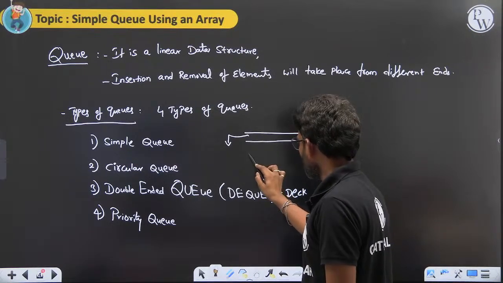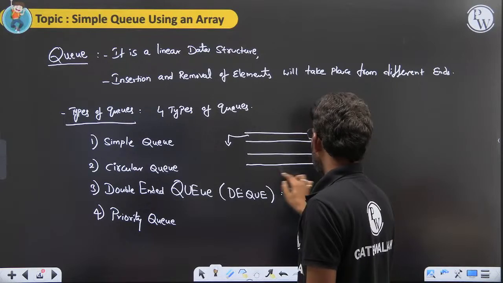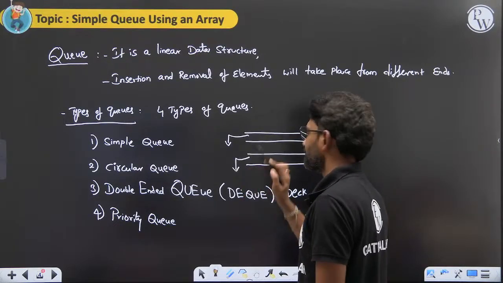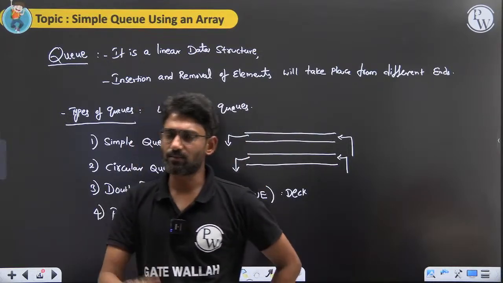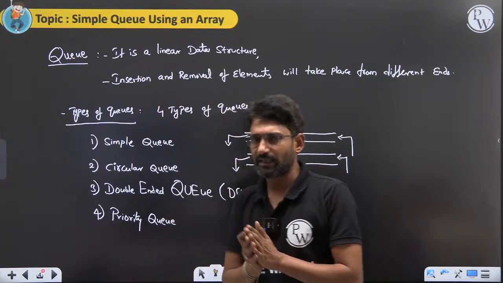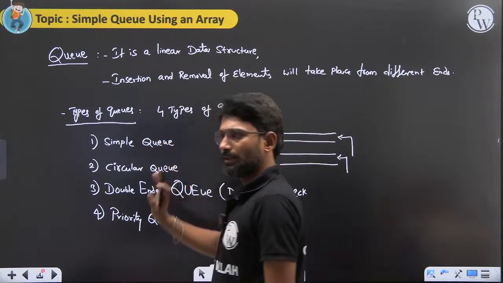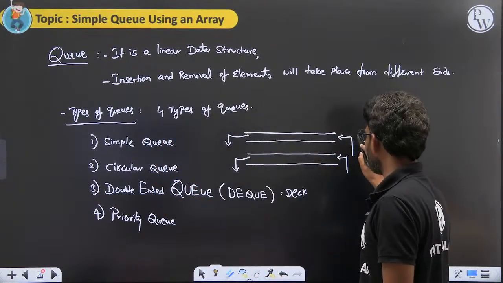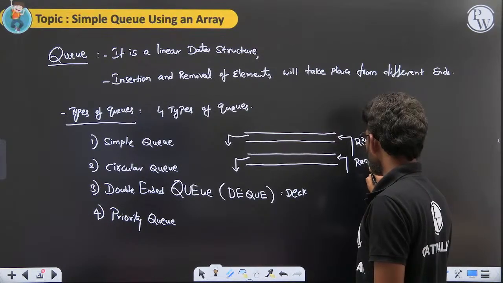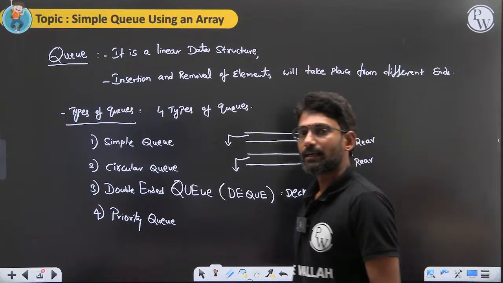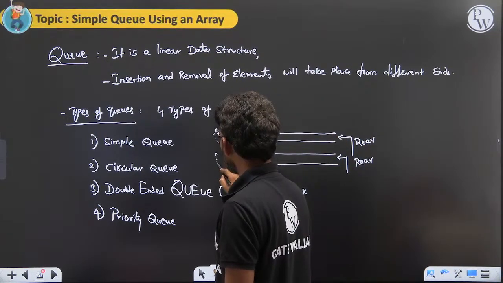In the circular queue also, insertion happens from one end and deletion from another end. Then how these two differ, we will see in the next class, which is circular queue. There we will understand how a simple queue differs from a circular queue. But in both, insertion takes place from an end called the rear end, and the deletion end we call the front end.